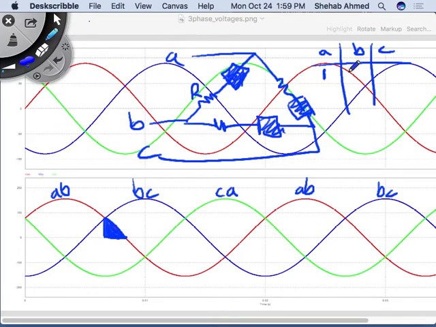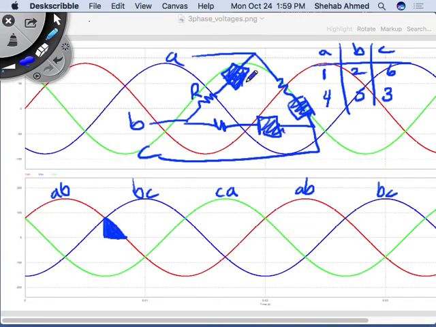I'm looking at the ones in the same polarity. 1, 2, and 6 are in the same direction, and then 4, 5, and 3 are in the opposite direction. Regardless, this will not be important in this circuit, but let's look at it here.